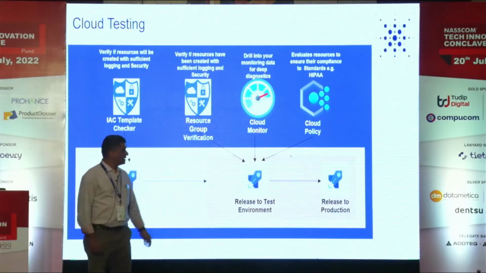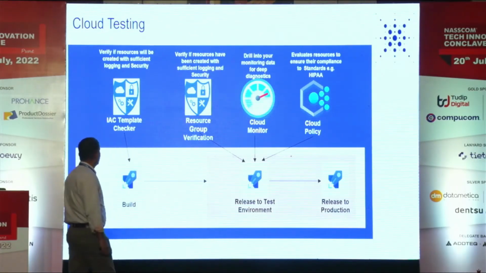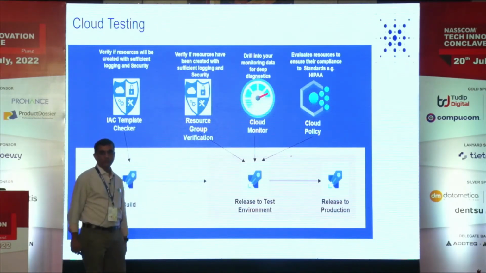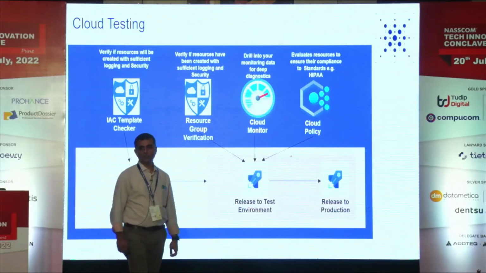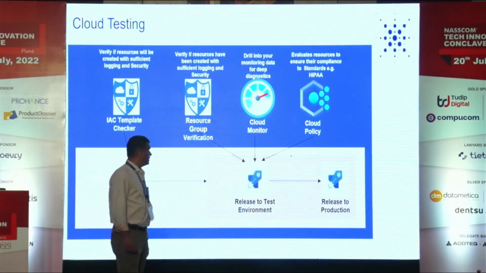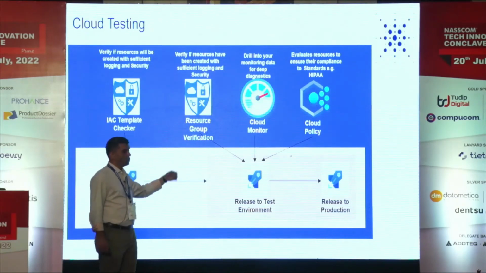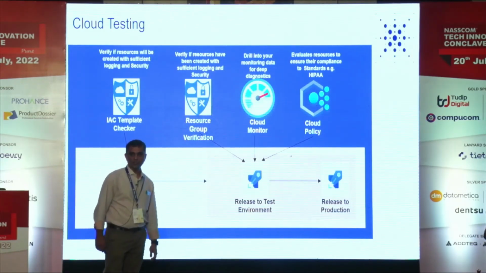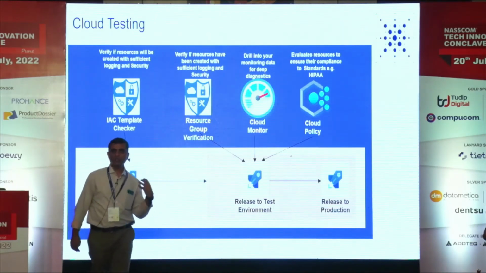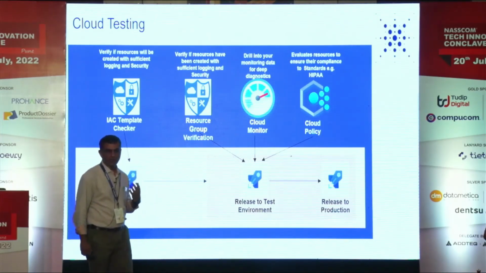If I give an example of Azure, for IAC template checker and resource group verification, we have Azure Security Kit. For monitor, we have Azure Monitor, and for policy, we have Azure Policy. So this is how we can do the cloud testing of our cloud native resources.